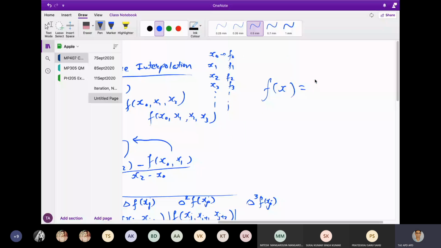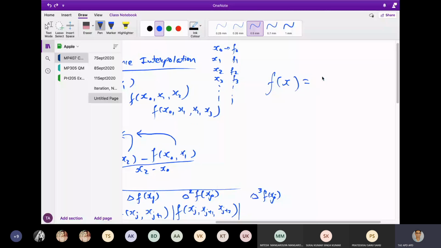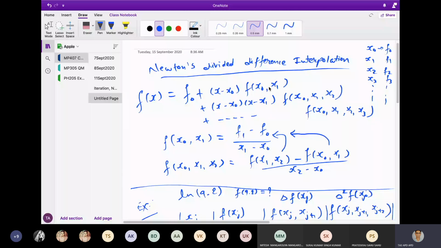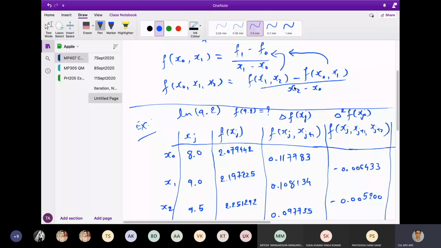So f naught, I will directly just write down, that means your initial 2.079442, ठीक है, plus x minus x naught into f of x naught x1. So that is your initial, this is delta f of x naught. ठीक है, ये वाला होगा delta f of x naught, and that you substitute.